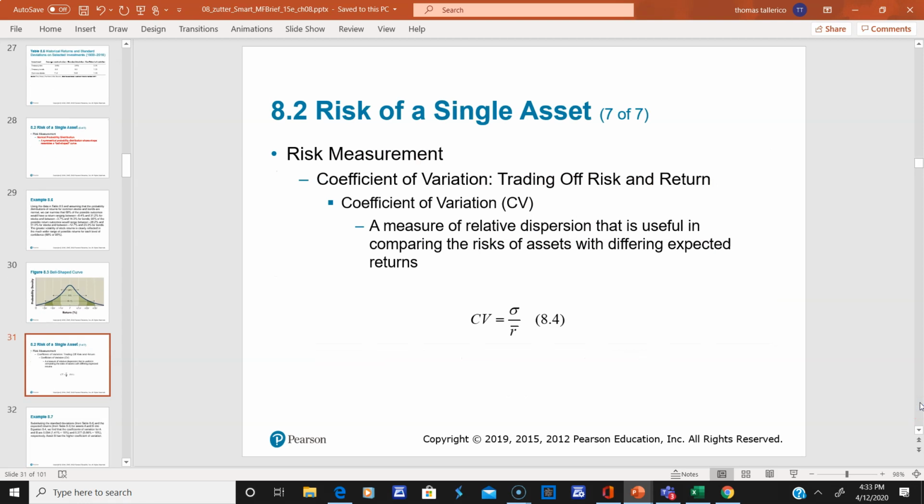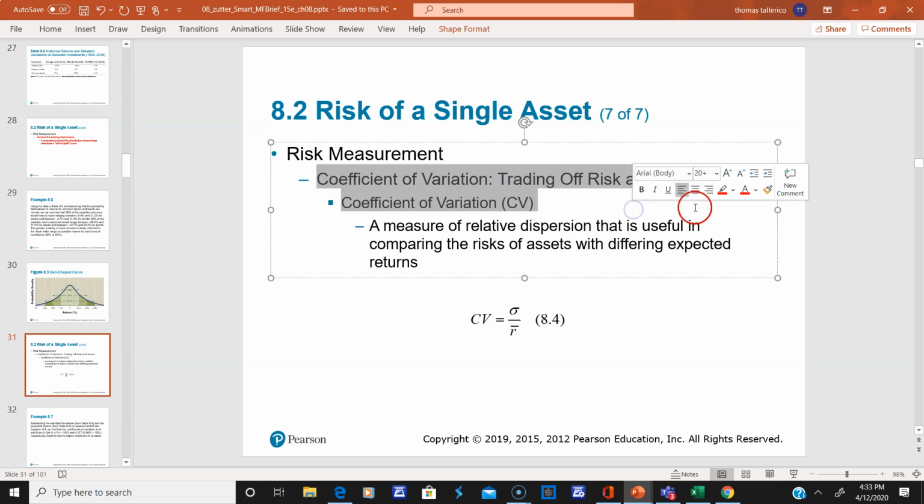All right, now we're going to talk about the coefficient of variation, and I will highlight this because this is important. We haven't talked about this yet, so we're going to talk about it now.